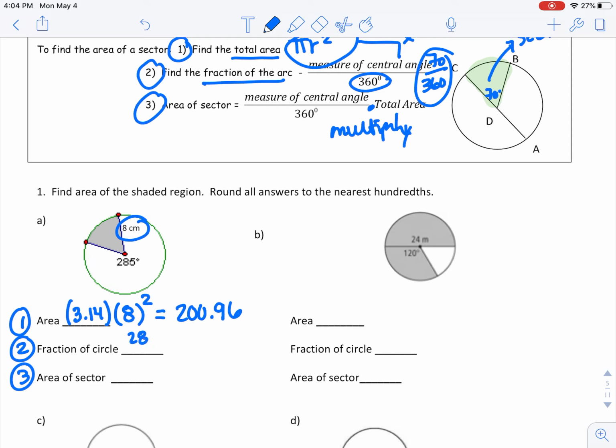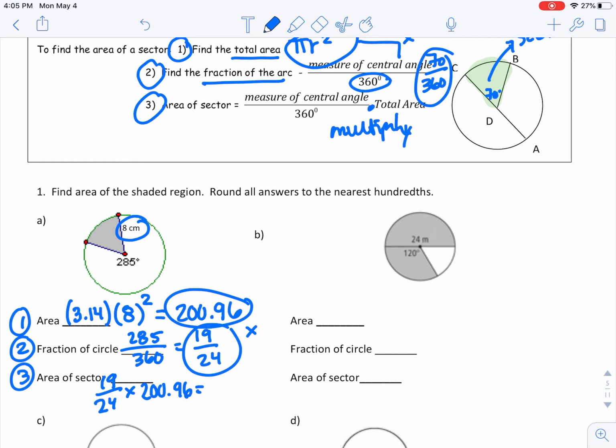I do the angle divided by 360 and reduce that, using N over D on your calculators. Last step, multiply those two. So 19 over 24 times 200.96 gives me 159.09. This is area, so it'll be centimeters squared.